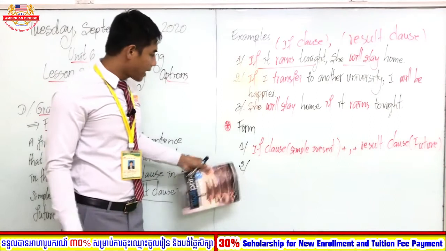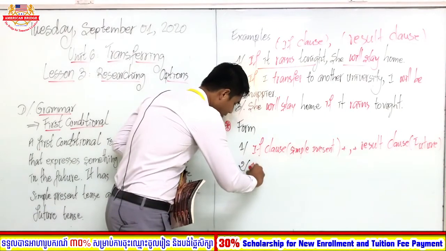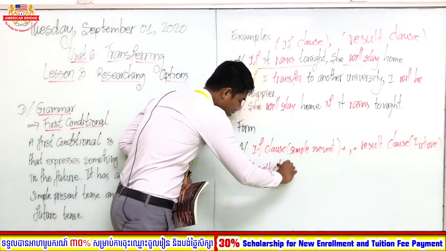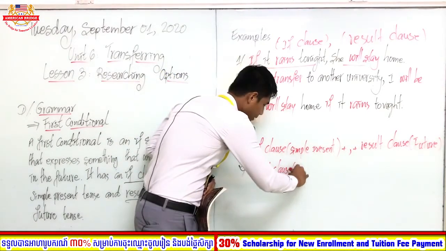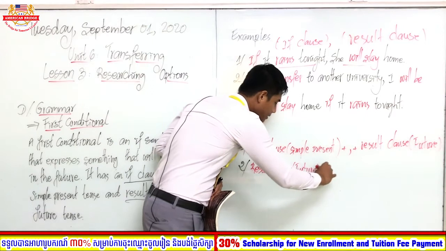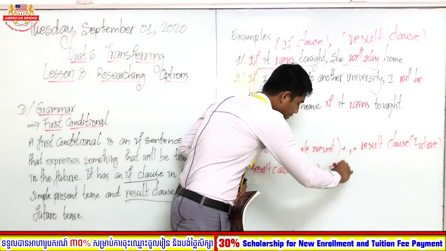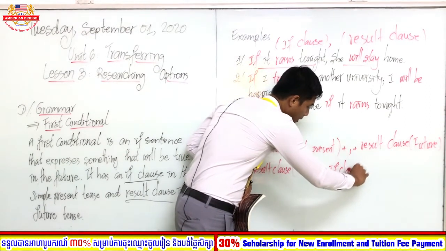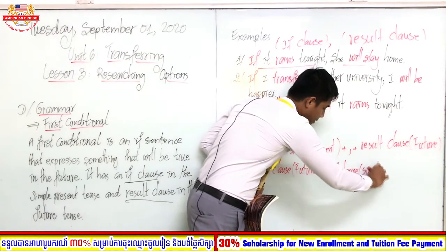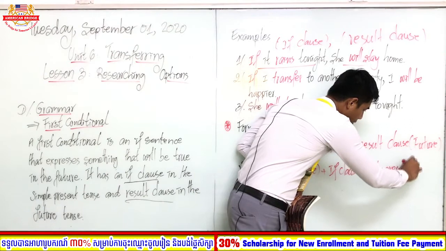We can write it another way also. We can write the result clause in the future, will plus, with no comma at all, then the if clause in simple present.